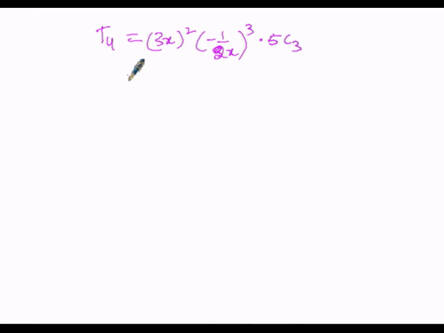So that implies 3x to the power of 2 into minus 1 by 2x whole to the power of 3 into the 5C3 value, which is 10.